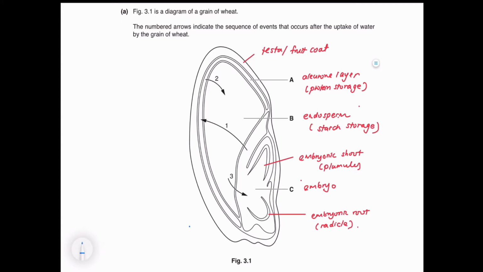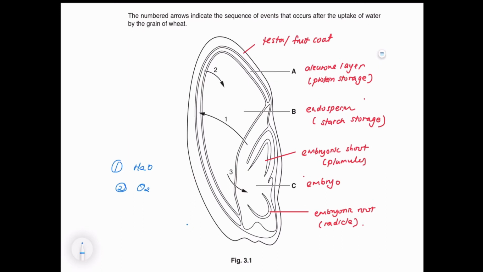So what are the requirements for germination? Number one, we know that for germination to take place, it requires water. Number two, oxygen is needed for respiration, so ATP can be produced for the process of germination. And number three, we need warm temperature.